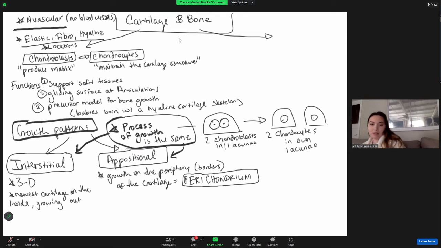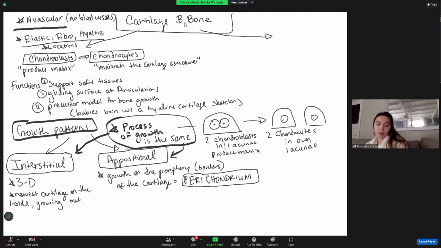Two chondroblasts in the lacuna produce matrix until we get two chondrocytes in their own lacuna that maintain the cartilage structure. If it's growing at the edge of the cartilage, we call that perichondrium. If it's growing with the newest on the inside of the cartilage, we call that interstitial.